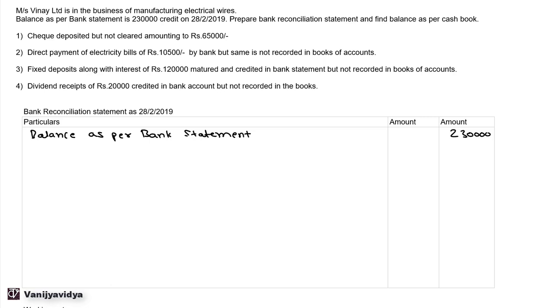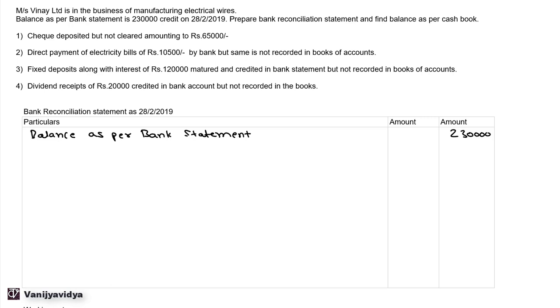Here we are given the balance as per bank statement, so we are moving from bank statement to our cash book, or bank account as per books of accounts. To the extent of 65,000, our bank statement balance is less as compared to cash book. So we have to add.